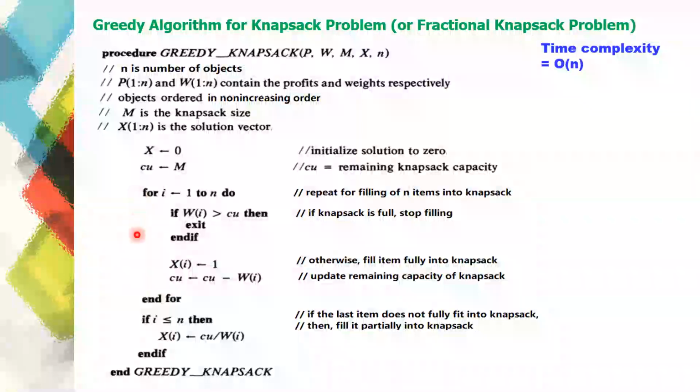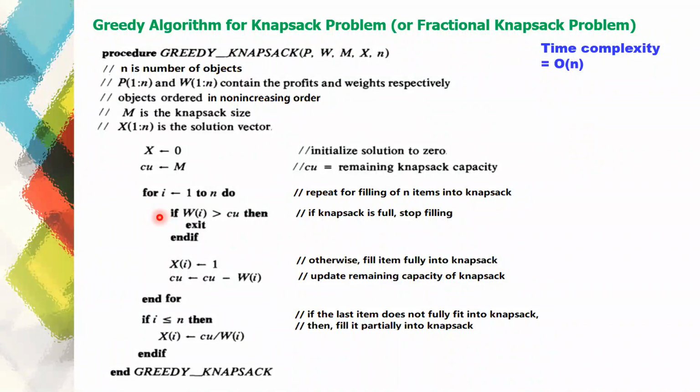Now, this is the loop which will repeat for n times, the variable part of your algorithm. This loop will be repeated for n times. If this loop is repeated for n times, then this statement will be repeated for n times. This statement will be repeated for n times. And these statements may be repeated, may not be repeated.